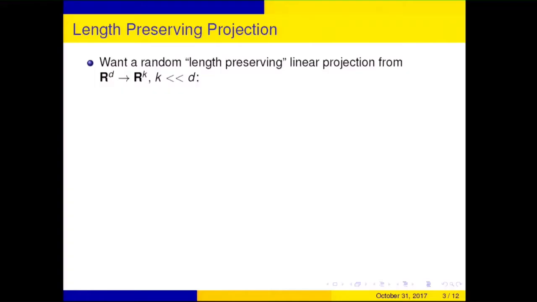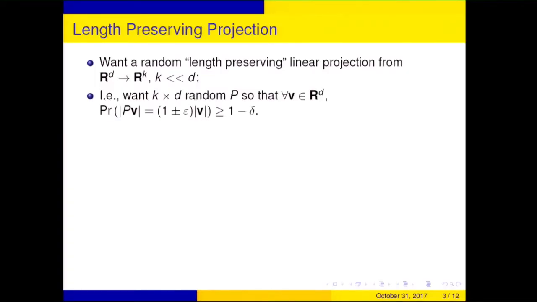So basically I want what's called a length preserving projection, or you can call it distance preserving. We'll see that they are the same really. So we want a random length preserving linear projection from big d-dimensional space to k-dimensional space. K is much smaller. Okay. It's linear, so I want a matrix P. It's a linear transformation.